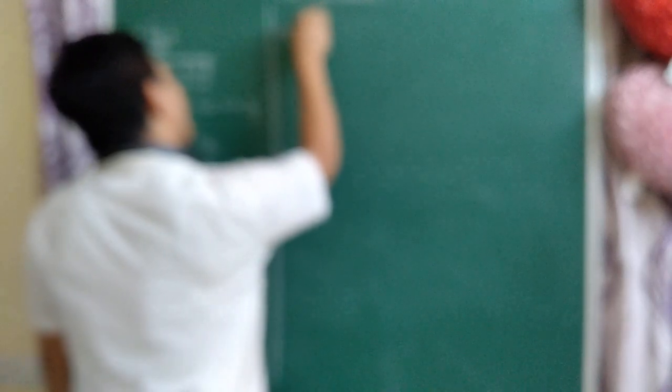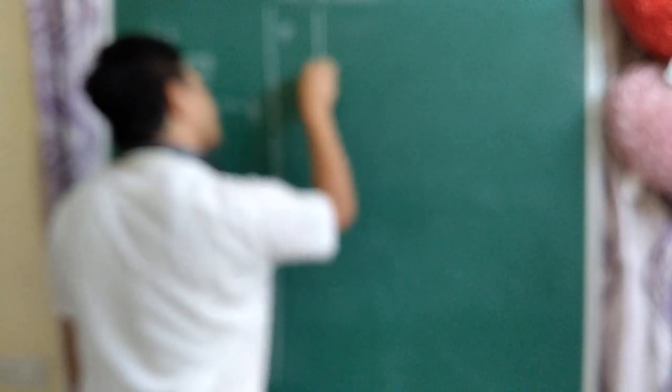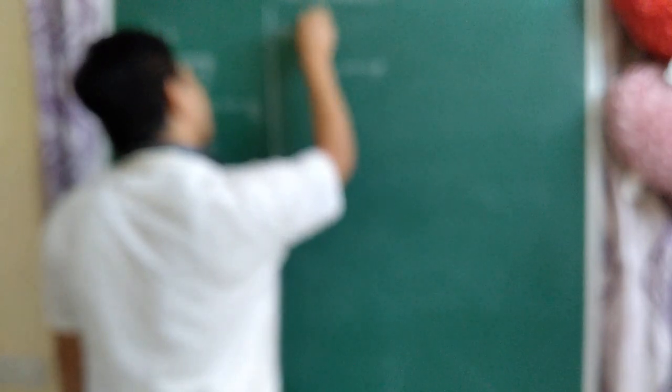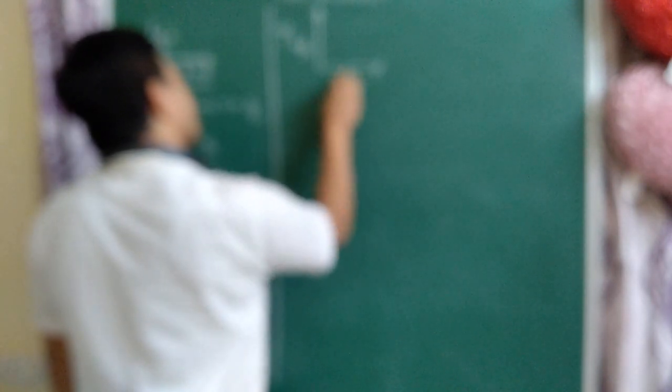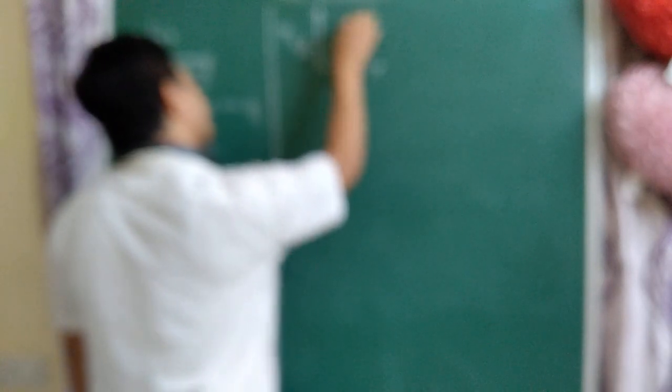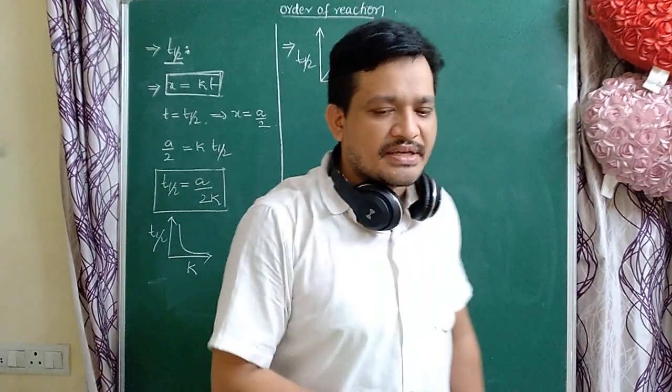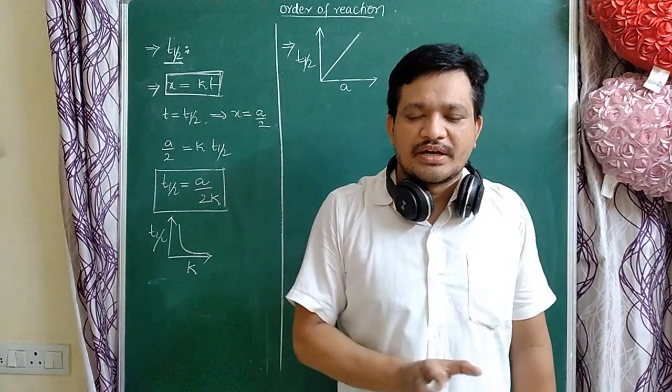So next, the half-life of the zero order reaction is directly proportional to the initial concentration of the reactants. So if initial concentration increases, half-life increases; if initial concentration decreases, half-life decreases. What is the order of the reaction?